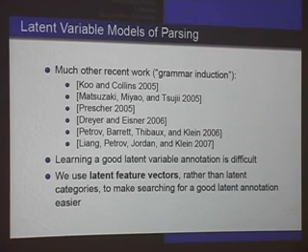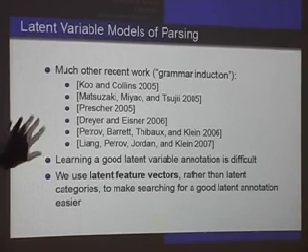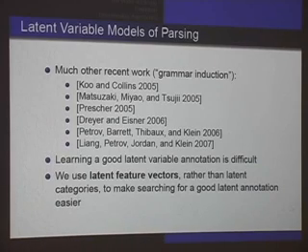So in the last couple of years, there's been a lot of interest in latent variable models for parsing because of these facts. All these models start with a PCFG or something like that with a set of atomic categories for the labels, and they want to expand those categories to a more detailed set of atomic categories.